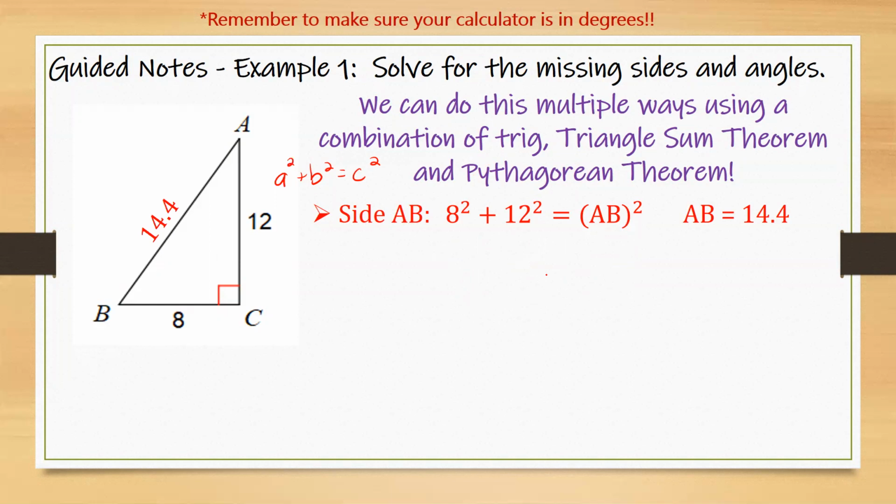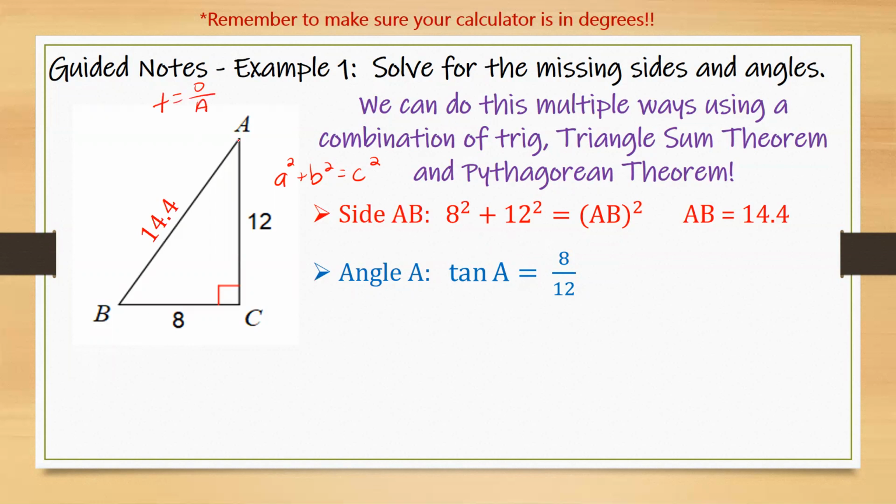Now I need to figure out angle A and angle B. I'll just do angle A first. There's many different ways you can do this using trig functions. I'm going to use the 2 sides that I already know. I know the 12 and the 8. So I'm going to say tan of A is equal to 8 over 12. Remember, tangent is opposite over adjacent.